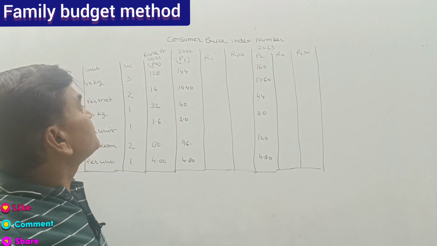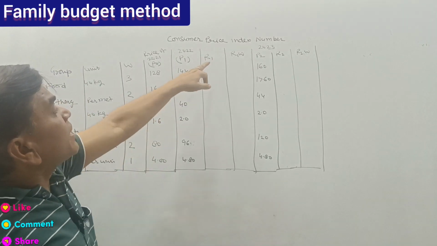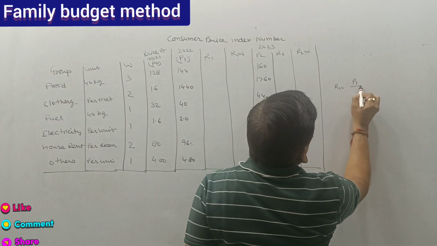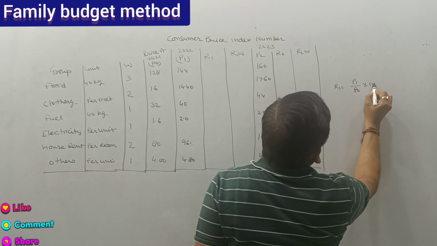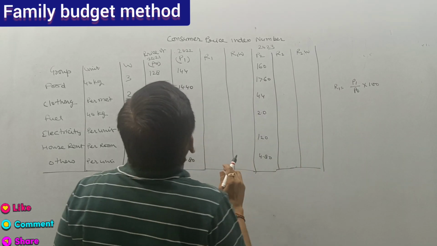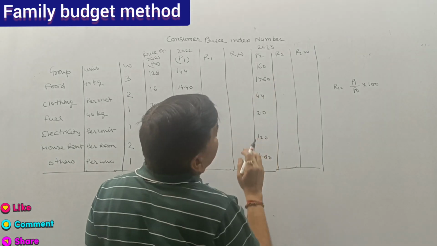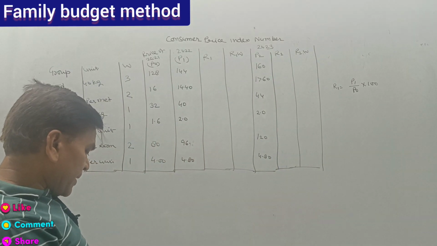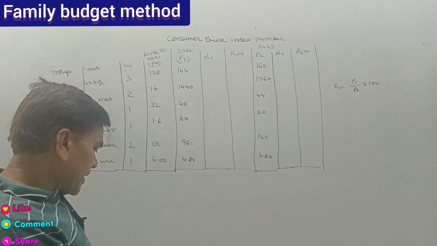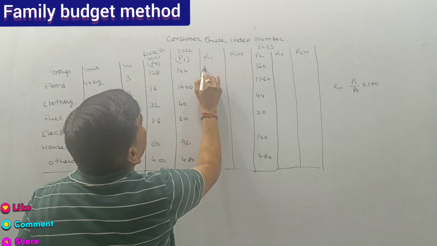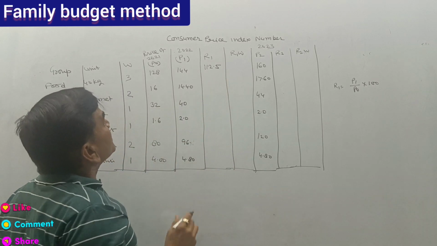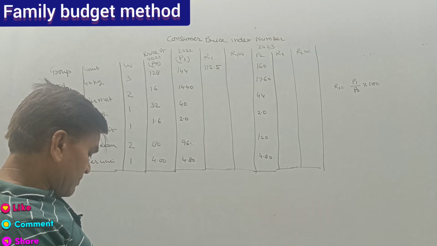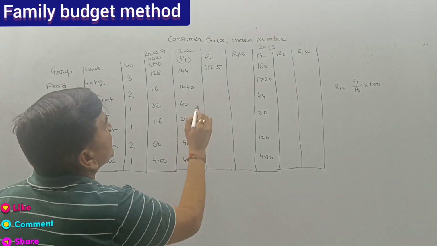So the very first, we will calculate R1. R1 is P1 upon P0 multiplied by 100. For calculating R1: 144 divided by 128 multiplied by 100, that is 112.5. Next, 14.4 divided by 16 multiplied by 100, that is 90.